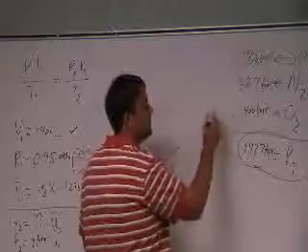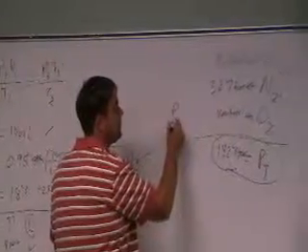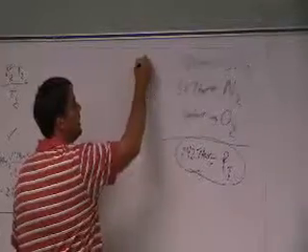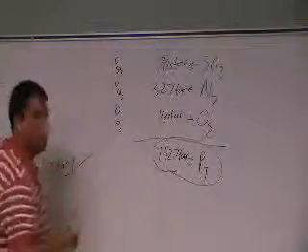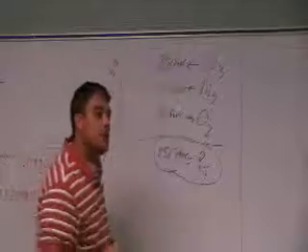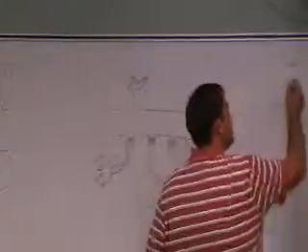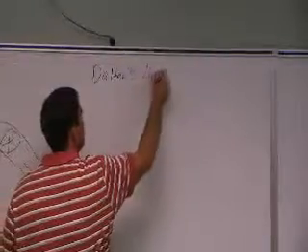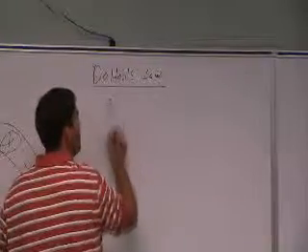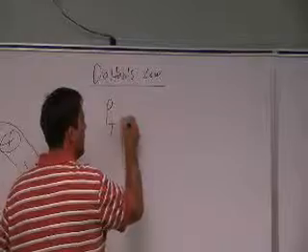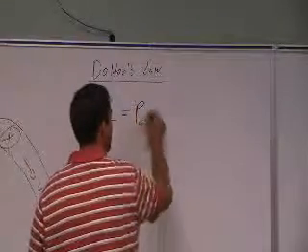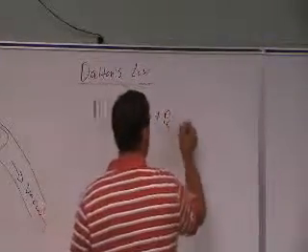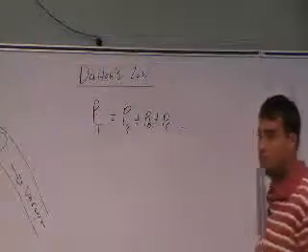These right here are what are called partial pressures of oxygen, partial pressures of nitrogen, and partial pressure of SO3. Dalton's law of partial pressure says this: that the total pressure inside of a flask equals the pressure of gas A plus the pressure of gas B plus the pressure of gas C, and so on.